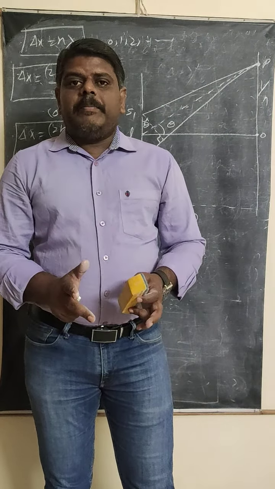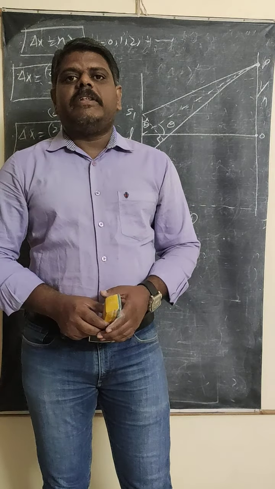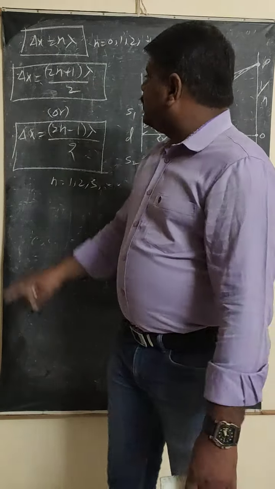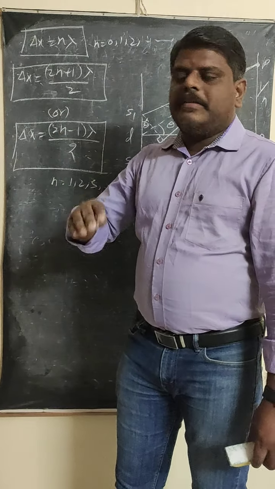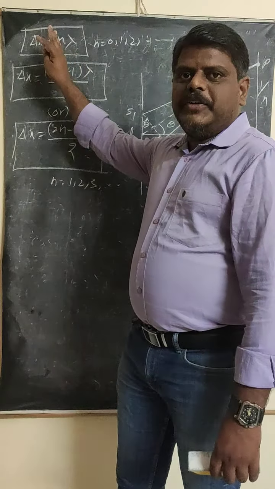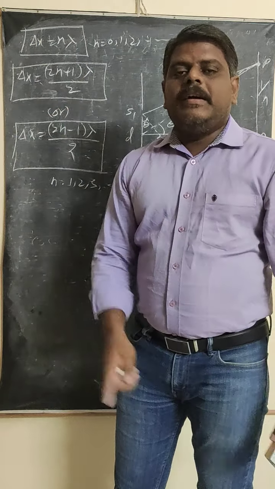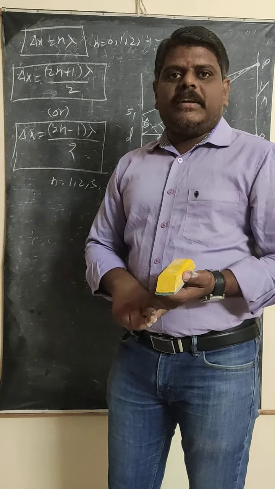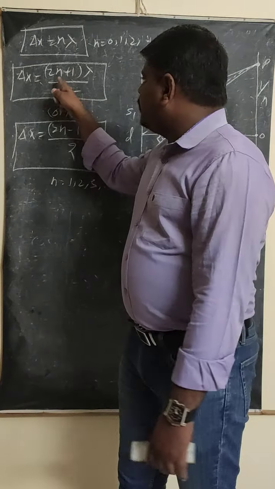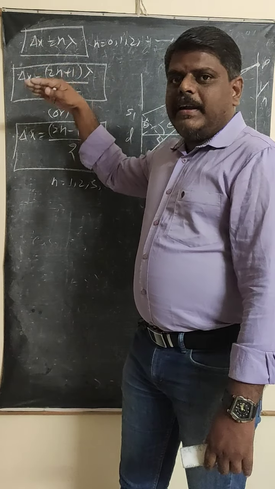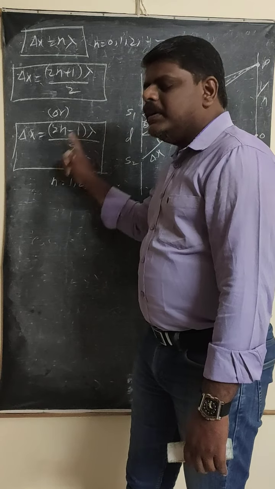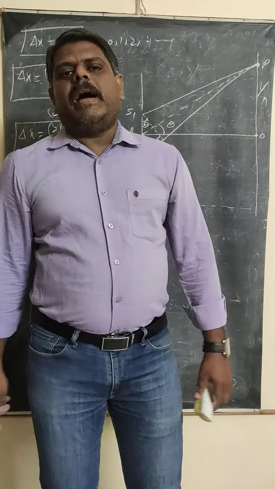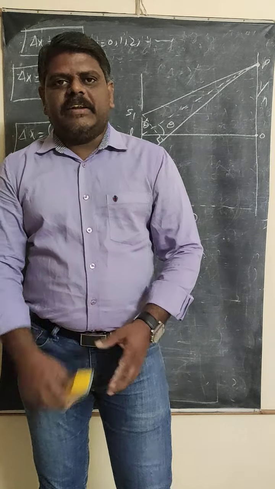But remember, it is very important, don't be confused between the two formulas. When you use the condition (2n + 1) λ/2, take one band less. For the bright band, there is no confusion, only one condition is there. The confusion is only in the dark band condition. If you take the condition (2n − 1) λ/2, then you can directly consider the given band itself.